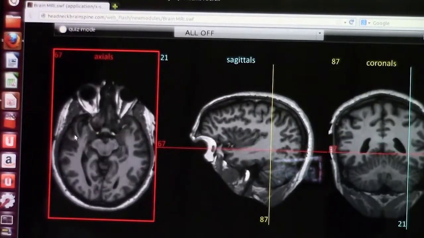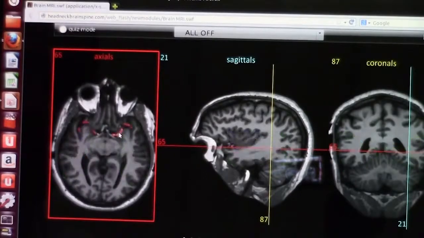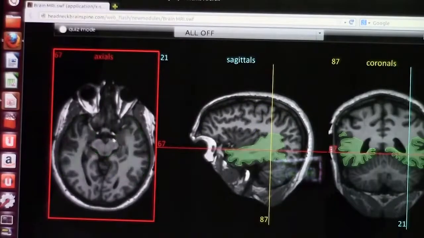And as we go down, you can still see here the middle cerebral artery, and you see Mickey Mouse here, which represents the cerebral peduncle attached to the midbrain, and this red structure is called the red nucleus.